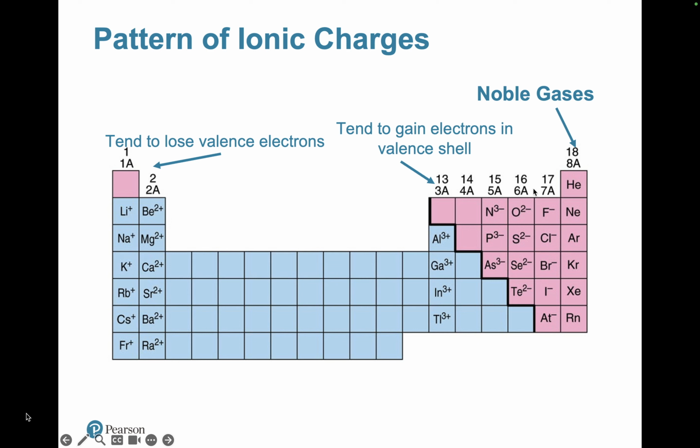And so you take the group number, which is 7, for example, for group 7, and subtract 8 from it, and it gives you -1, and that gives you the charge. And then for group 6, same thing. Take the group number, 6, subtract 8, and you get -2. And then group 5, take the group number, which is 5, subtract 8 from it, you get -3. And that's how you get the charges for all the non-metals.